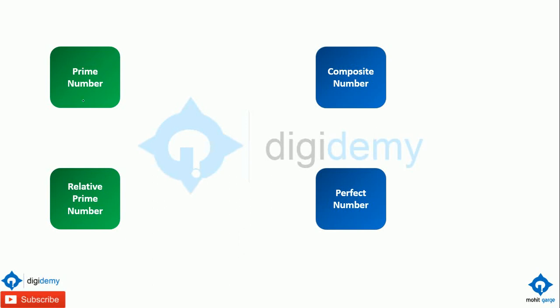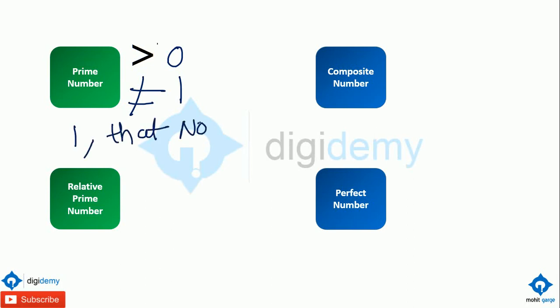So let us see what are prime numbers. Prime numbers are basically greater than 0 and not equal to 1, and the prime numbers are the numbers which do not have any divisor, or which cannot be divided by any number except 1 and that particular number.